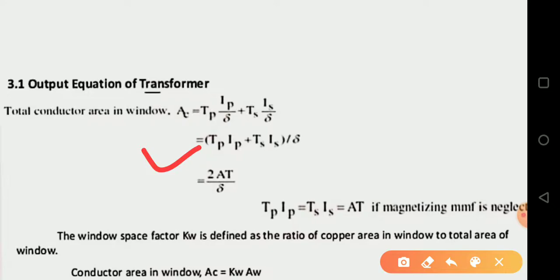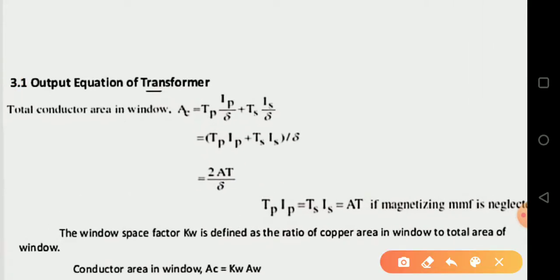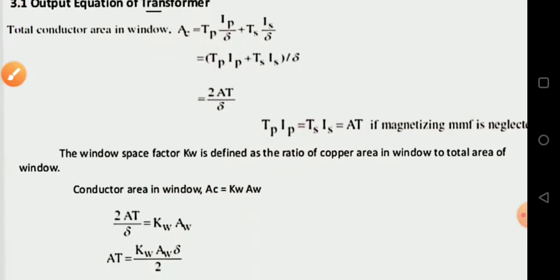If we neglect the magnetizing MMF, then we get TP into IP equal to TS into IS. So it gives us 2 times TS IS. Now the equation becomes the area of copper is 2 TS IS upon delta.